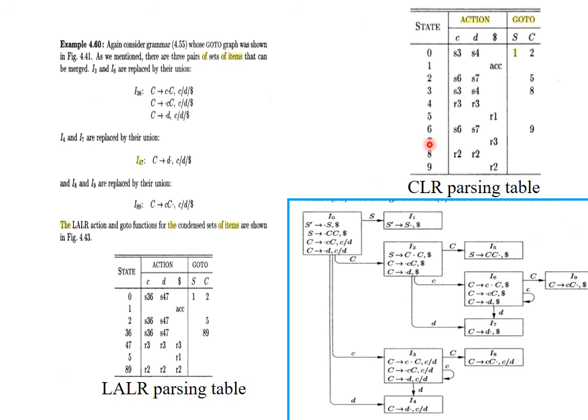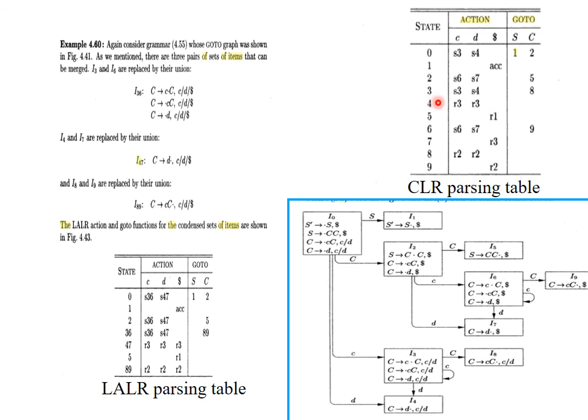In merging 3 and 6, 3 has S3 and S4, and 6 has S6 and S7. So we combine them like this: S36, S47, because 4 and 7 can also be merged. Then, corresponding to this goto part, 8 and 9 are combined as 89 itself.